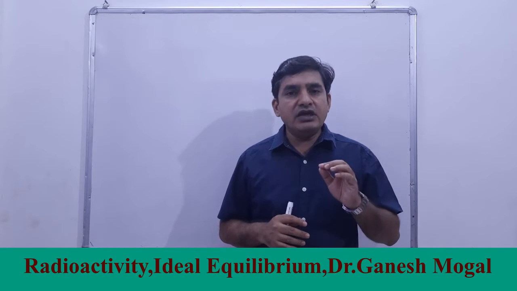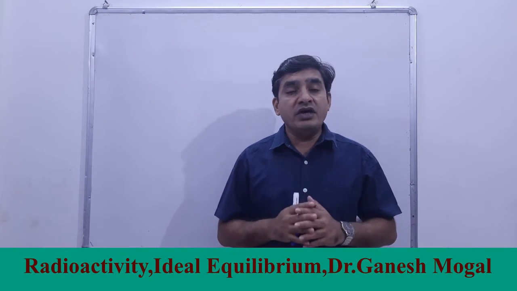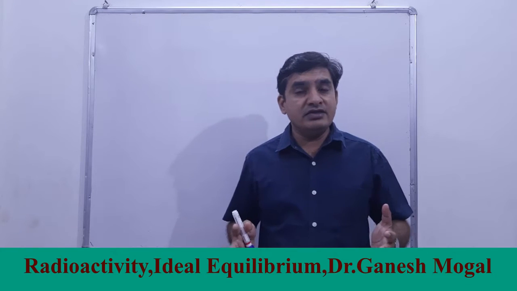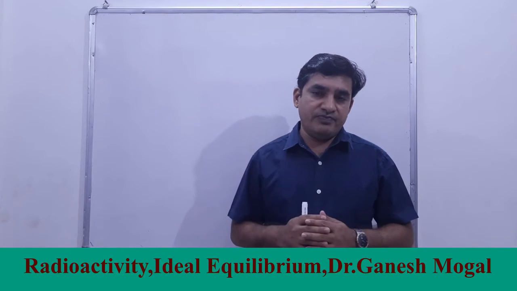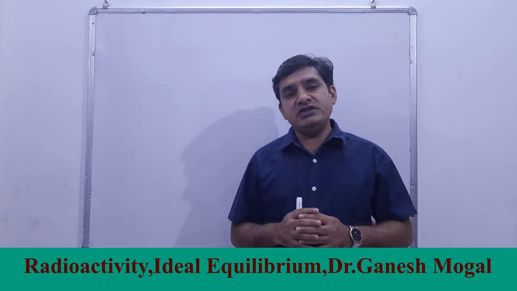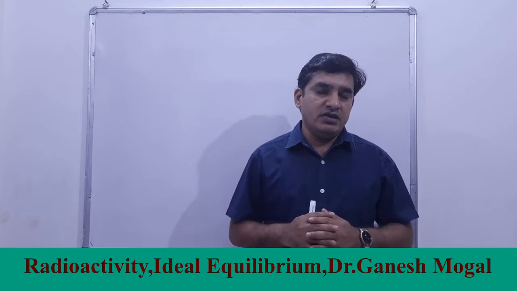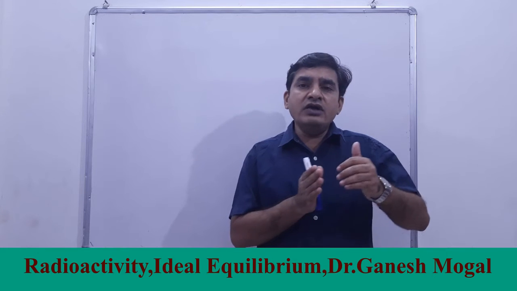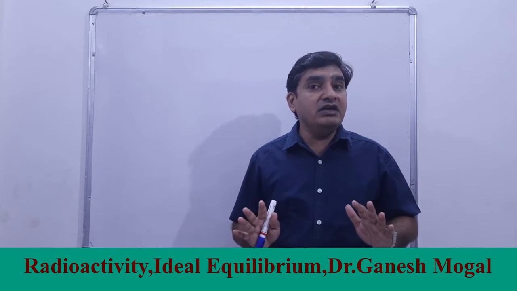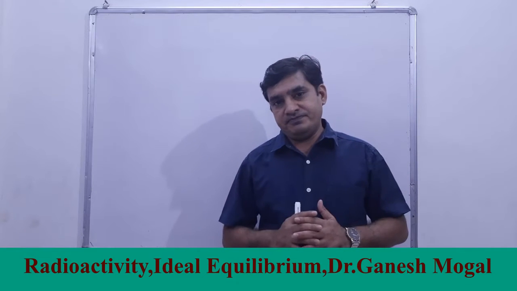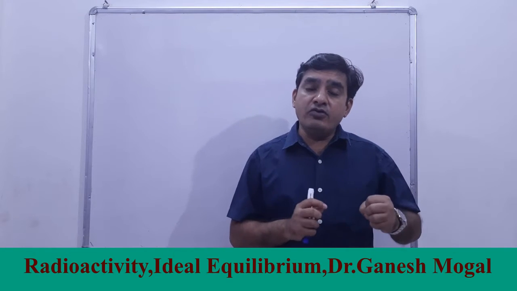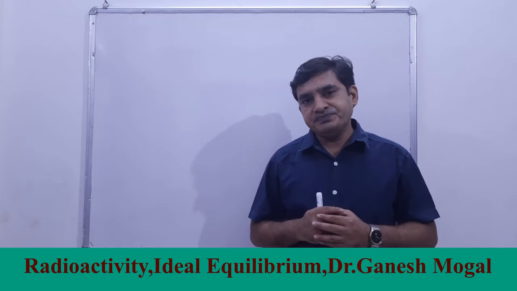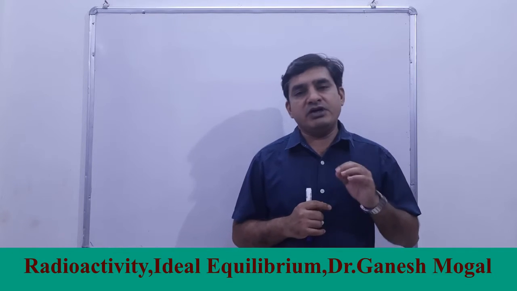The equilibrium in which the parent lives an extremely long time compared to the daughter is a circular equilibrium. Third type is a transient equilibrium. The equilibrium in which the parent lives a longer time than the daughter, but not much longer. So we have to see one by one.